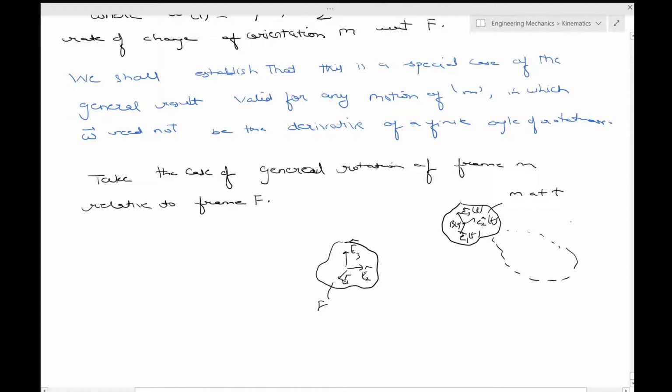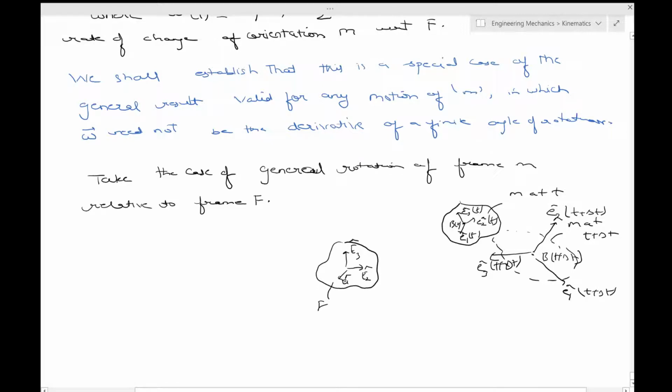This is M at T plus delta T. So then this B would be at T plus delta T. You would have e1 at T plus delta T, e2 at T plus delta T, and e3 at T plus delta T.